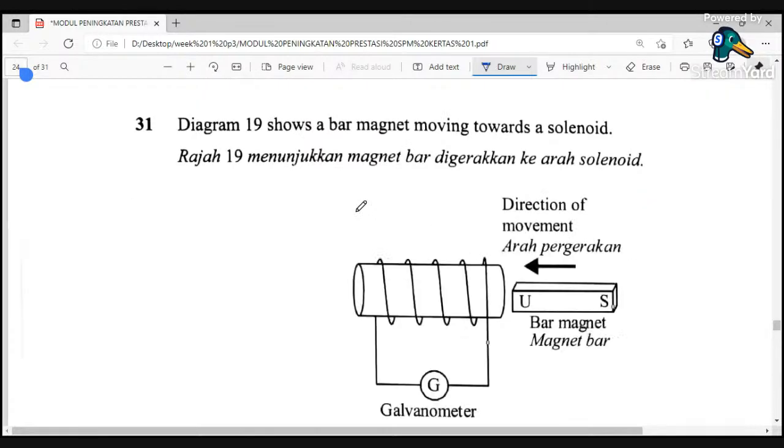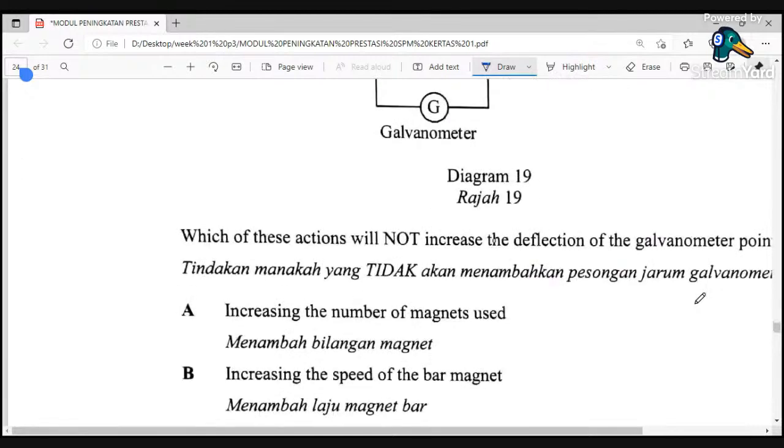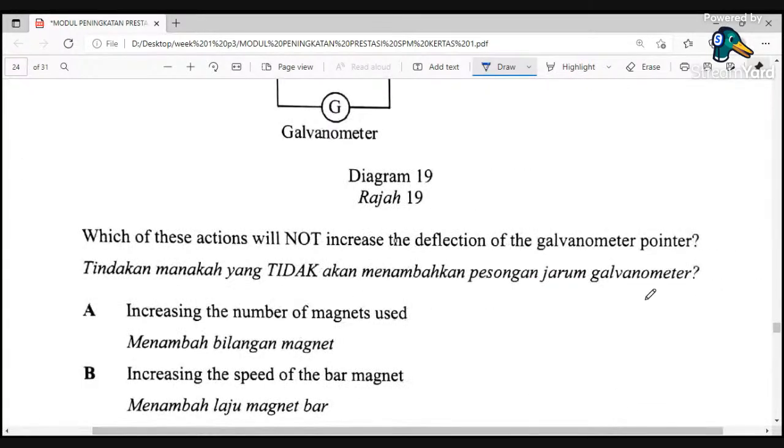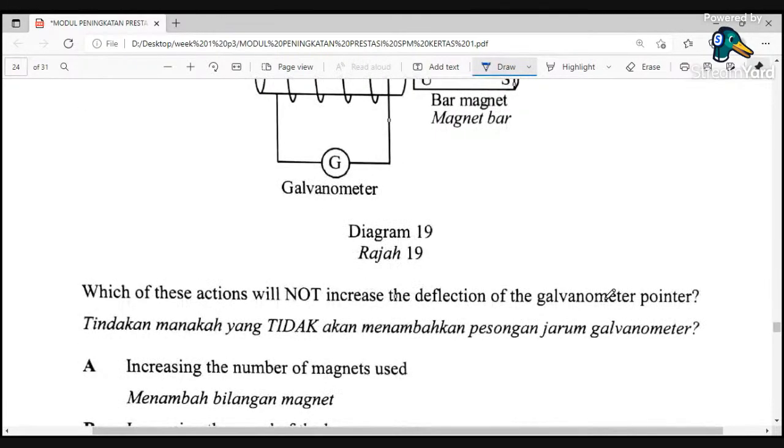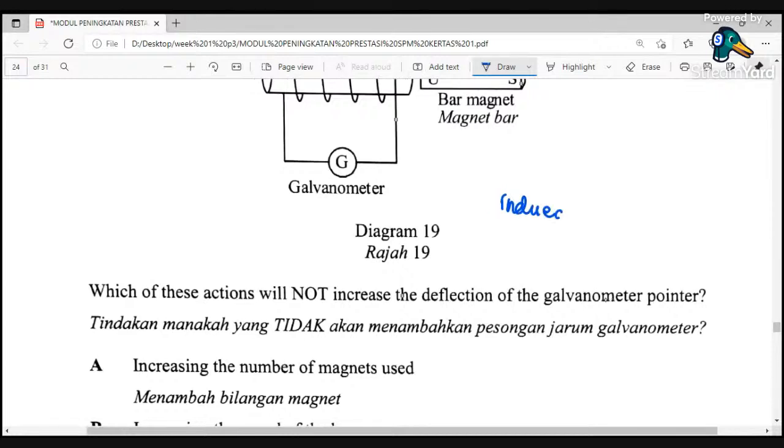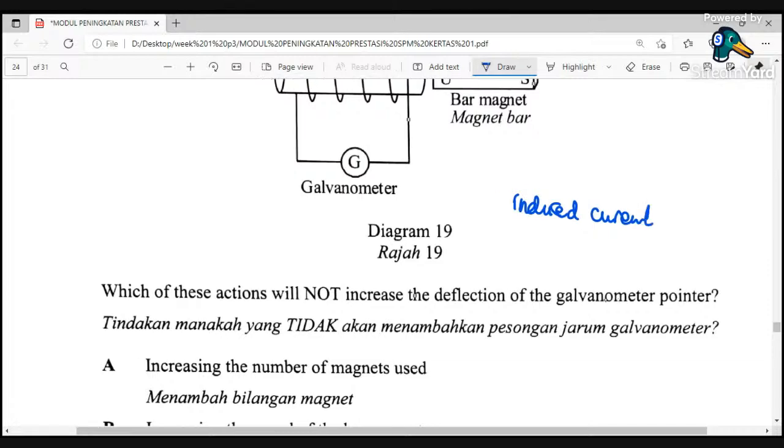Number 31, a bar magnet moving towards a solenoid. Which of these action will not increase deflection of galvanometer pointer? Okay, apa yang menyebabkan galvanometer pointer deflect hanyalah induced current ataupun induced EMF. So, kalau tak ada induced current, tak ada induced EMF, no deflection.